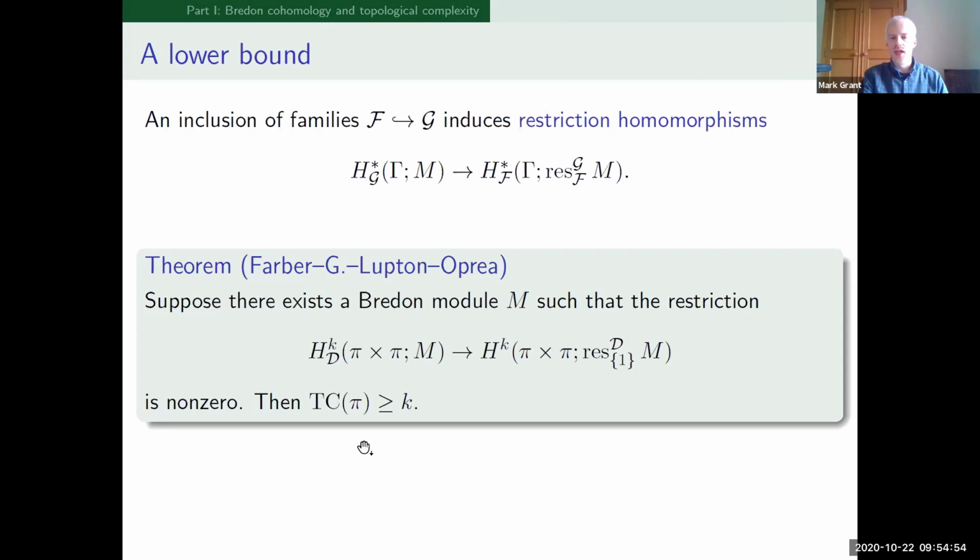And if you find a class in the ordinary group cohomology of degree k which is the restriction of a Bredon cohomology class, then TC is greater than or equal to k. In actual fact, the class here, which comes from Bredon cohomology, will have TC weight k. So it contributes k to the lower bound.